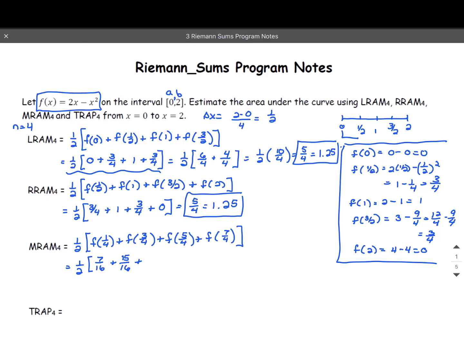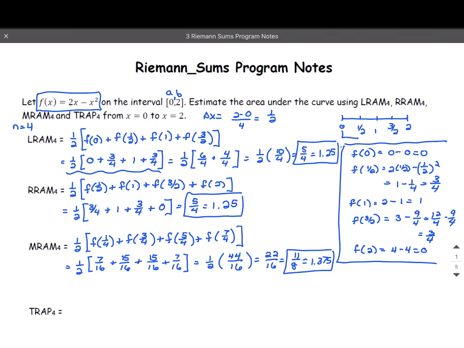We're going to get another 15 over 16. f of 7/4, we're going to do 2 times 7/4 minus 7/4 squared. We're going to get a 7 over 16. So that's going to give us 1/2 times, add that up, 30 and 14, 44 over 16, times 1/2 is 22 over 16. Reduce that to 11/8, which is 1.375.